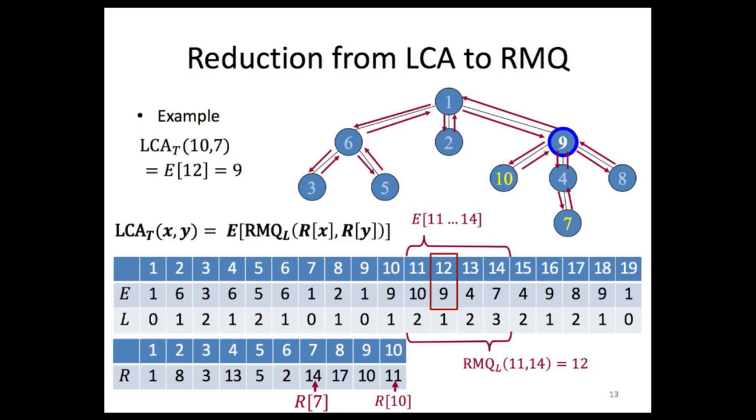You look up the corresponding position in the Euler tour, which gives you the position in the tree. So you get 9 from the RMQ, and you look up in the Euler tour and it gives you 9, and that is the LCA of 10 and 7.